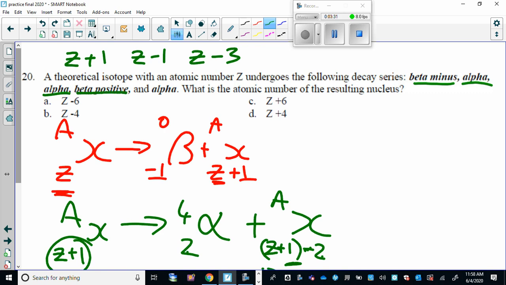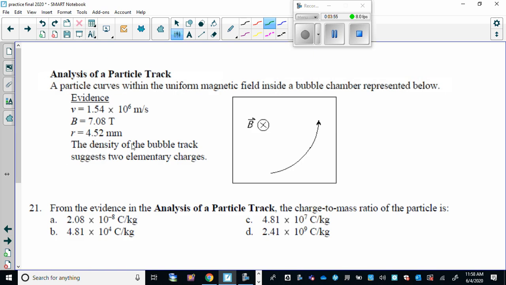Beta positive is positive, so I'm going to subtract another 1, and it becomes -4, and then a final alpha, and the answer is Z -6. I can see a lot of people tripping up on that, putting Z +6, but it's actually minus.